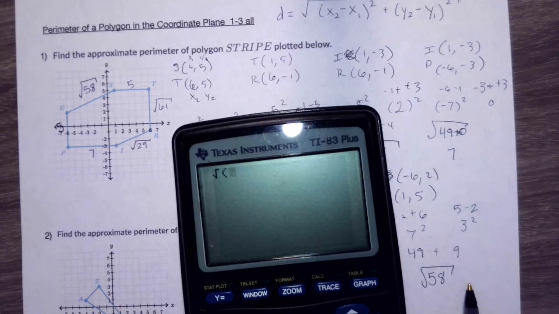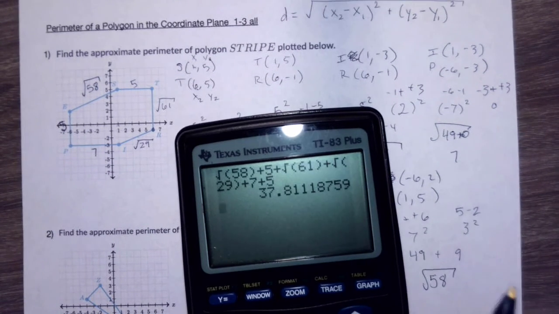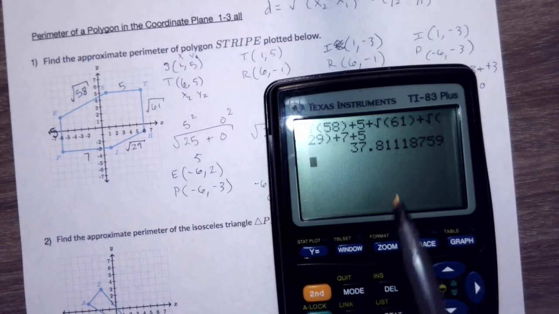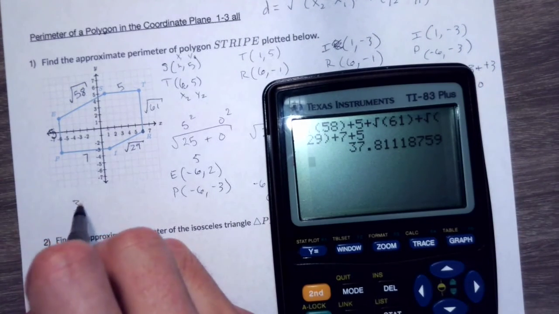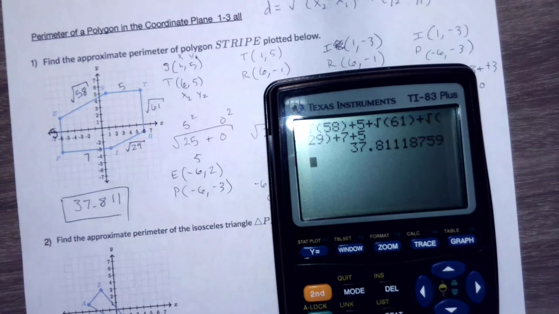So square root of 58 plus 5 plus the square root of 61 plus the square root of 29 plus 7 plus 5. There we go. 37.811 is the perimeter, and there you go.